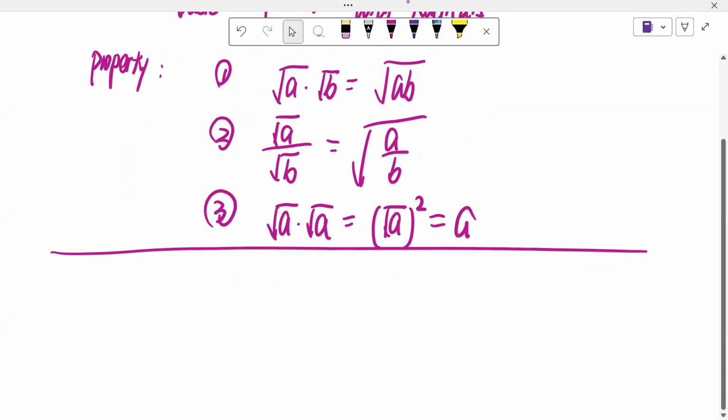And going back to the addition and subtraction of the radical expressions. First one is 3 radical 5 minus 7 radical 5. And because they have the same radical 5, we call these like terms.